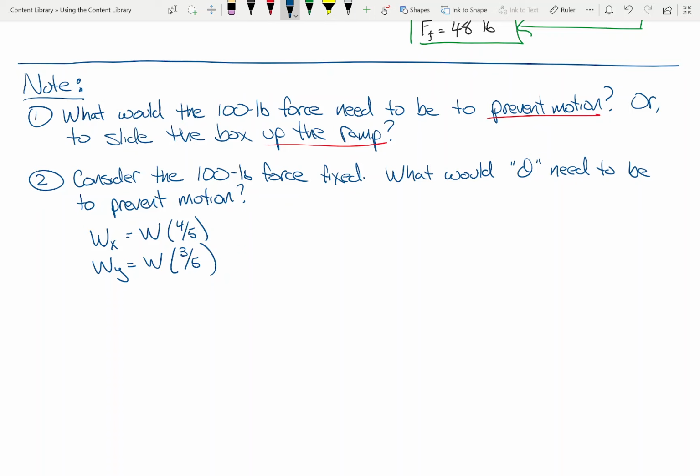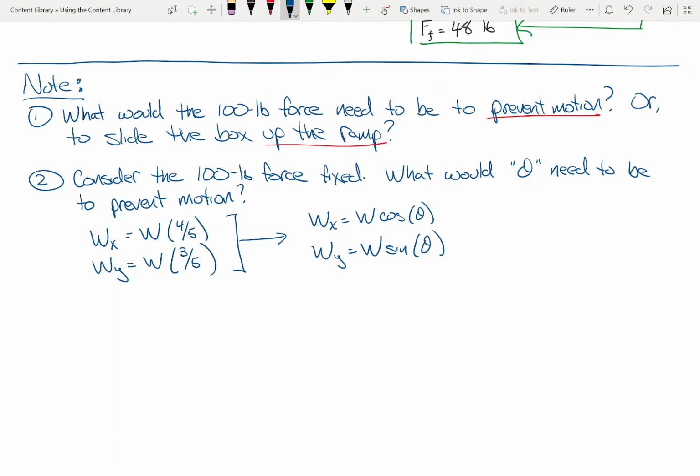Why don't we reformulate the problem and say Wx is W times the cosine of theta, and Wy is W times the sine of theta. Then redo the problem, but treat theta as a variable and ask, at what angle will it not slide?